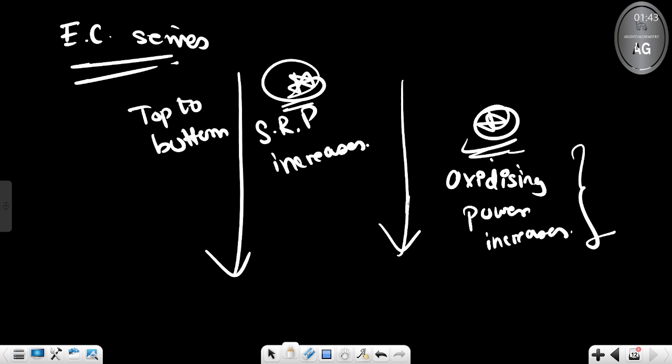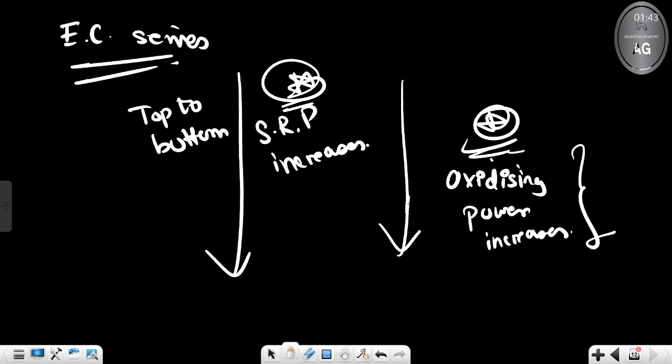That is why there is some confusion. I remember it as reducing power only, because I might mess up. Now it depends on you how you remember. In bookish language, or by the IUPAC convention, oxidizing power increases down the EC series. Clear?